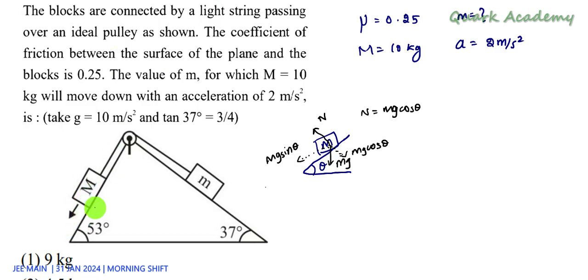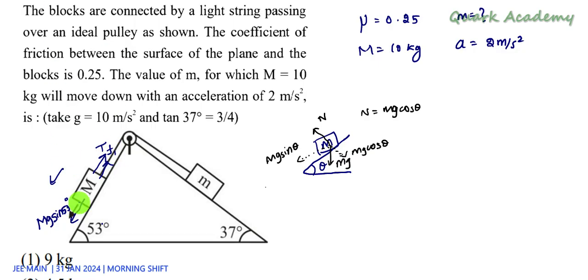For this capital M, Mg will act downward. Not capital Mg, it's Mg sine 53, which will act in this way. Since it is connected with the rope, the tension will act. Since the mass is moving downward, the frictional force will act in the opposite direction, that is upward. Let it be F1.